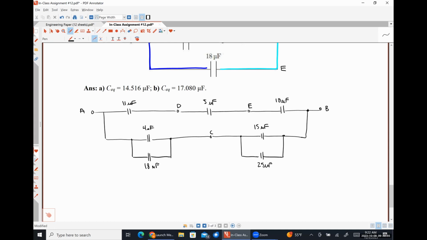So what's 4 microfarads in parallel with 18 microfarads look like? 22, yeah. When capacitors are in parallel, you just add the values together. So 4 in parallel with 18 is going to look like 22. 15 in parallel with 25 is going to look like 40.